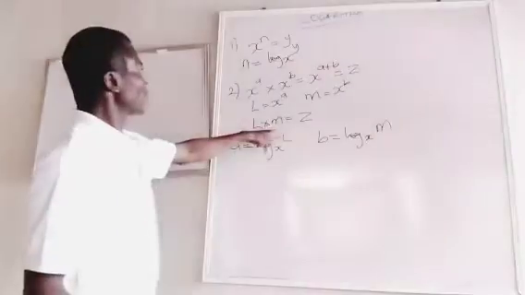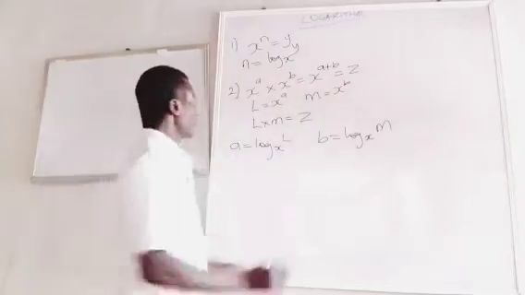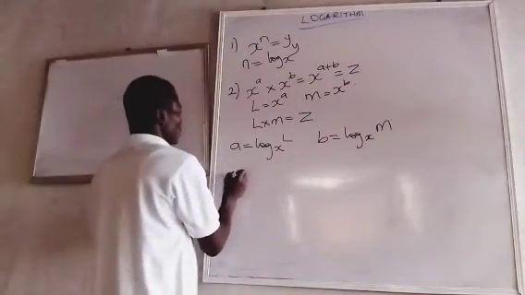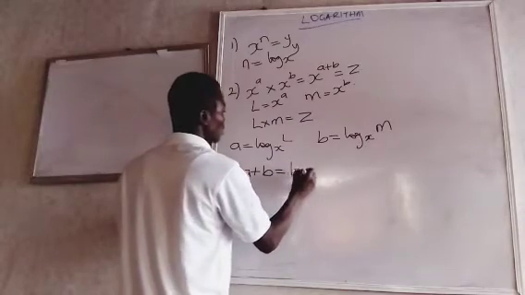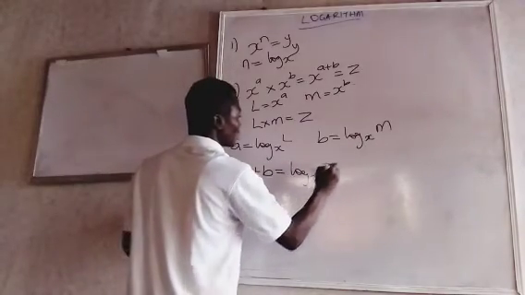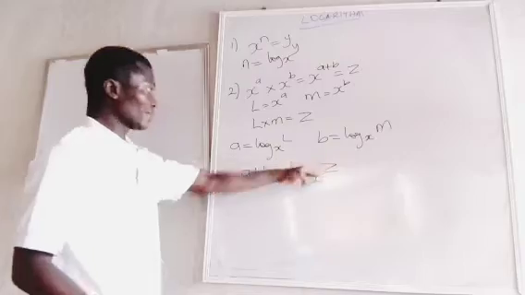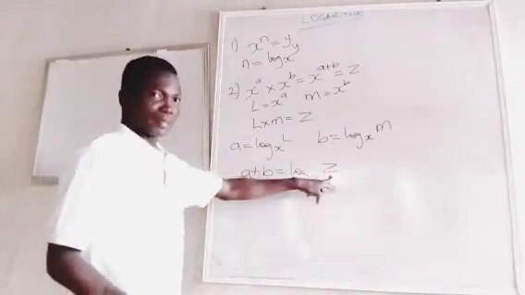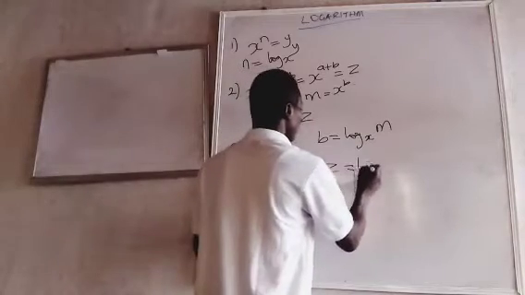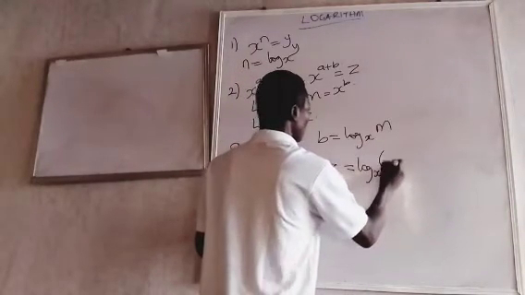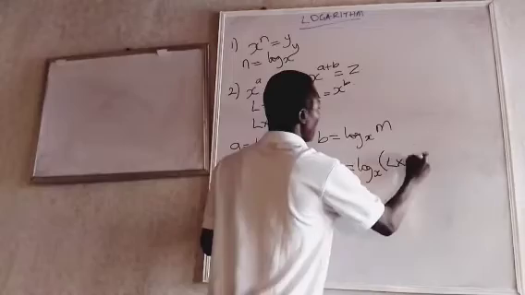Now, you can see that this is z. Therefore, a plus b equals log z to the base x. You can see this now. But z is equal to L times n.